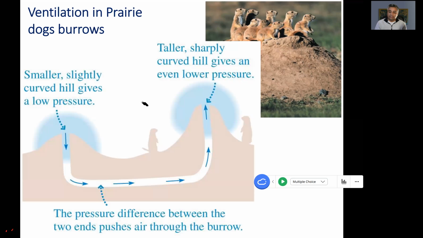So that means the speed on the sharper side is larger, just like we had for the plane wing.